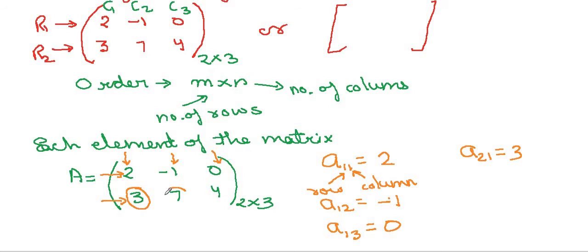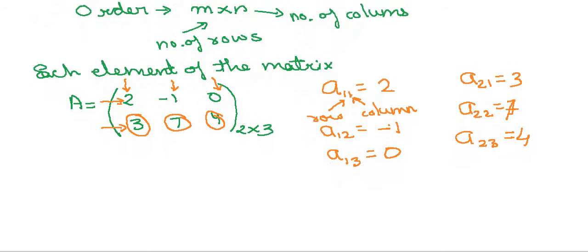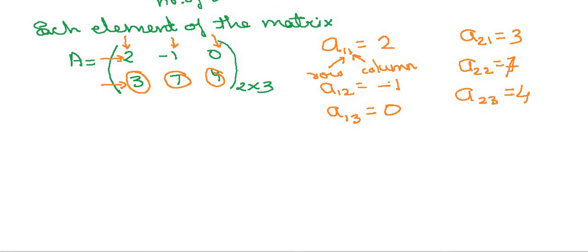Now this 7 is at the intersection of second row, second column, so its address will be a22. Now a23 means second row and third column, so we are talking about the element 4. So each element of the matrix has its address.